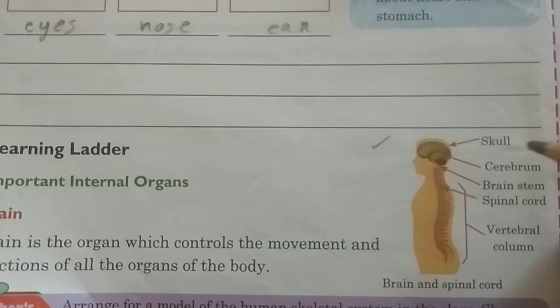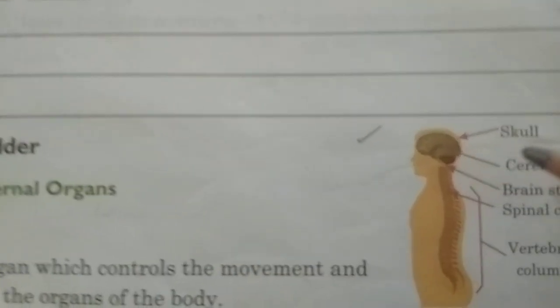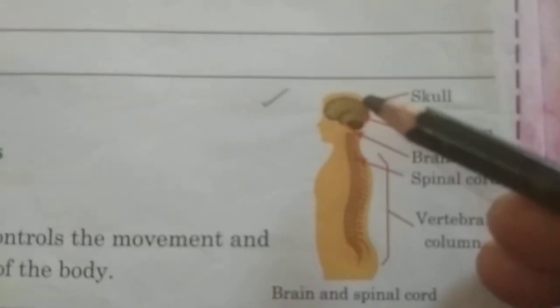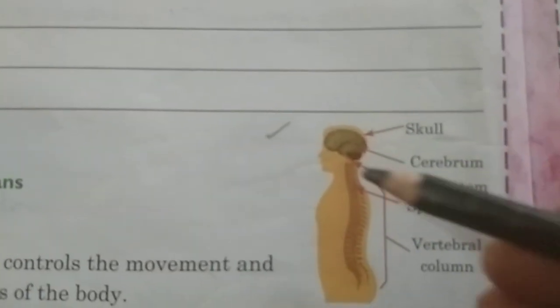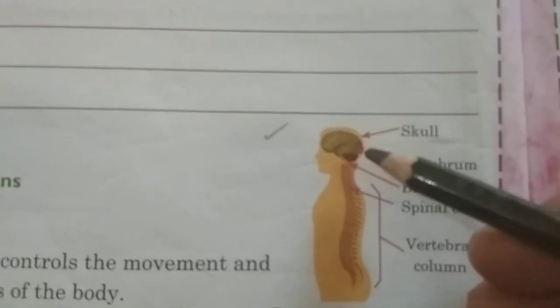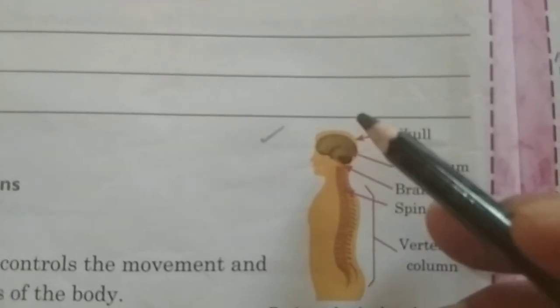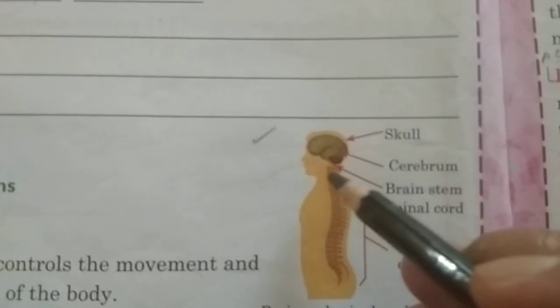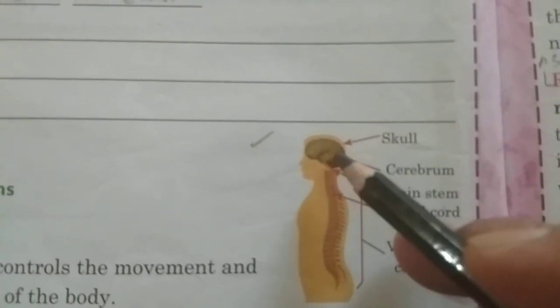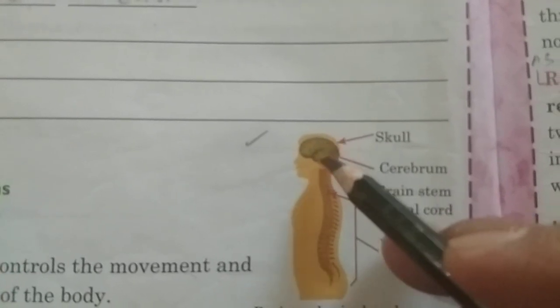Now see here in this picture. This is skull. Brain is protected by the skull. Skull is the skeletal structure which protects the brain and supports the face. Inside the skull there is a brain.